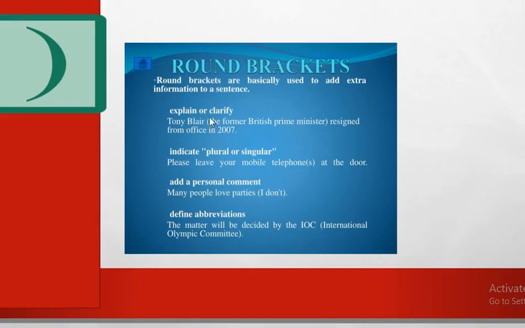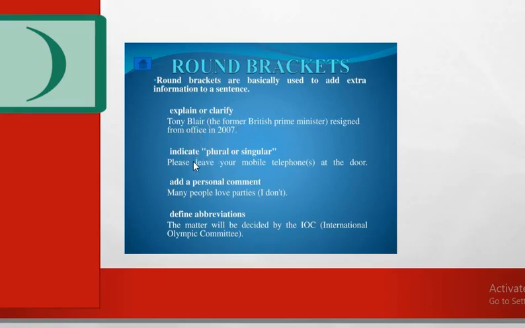Here within round brackets, in mathematics it is also called first bracket, important information is given: the former British Prime Minister, that is who Tony Blair is.